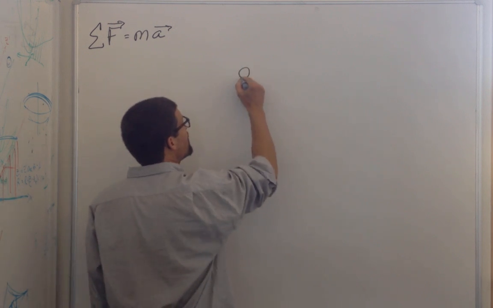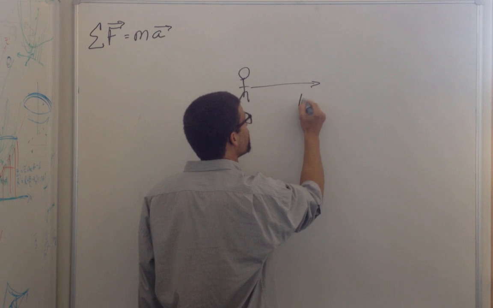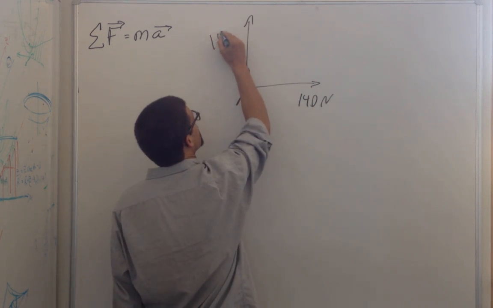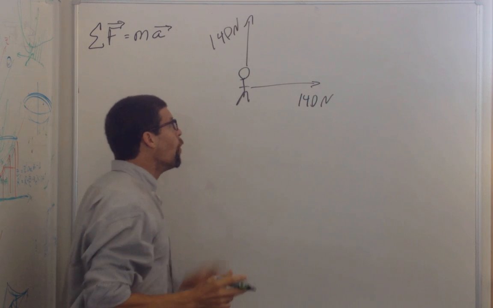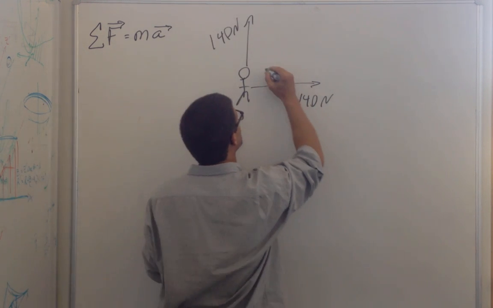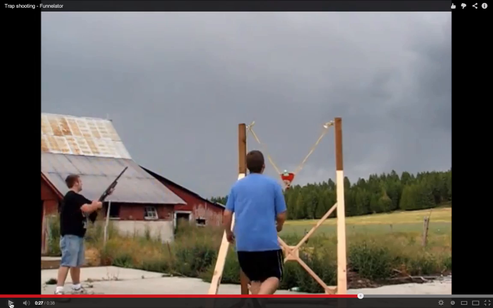So another example. What if I'm sitting in space here and I get two forces of 140 newtons on me at right angles? Well, we know from our experience what happens. These two forces result in an acceleration in this direction.